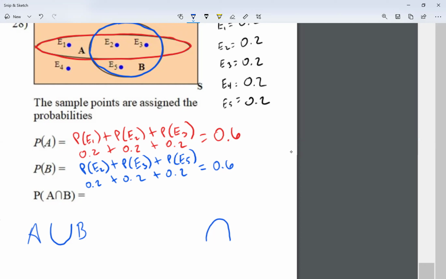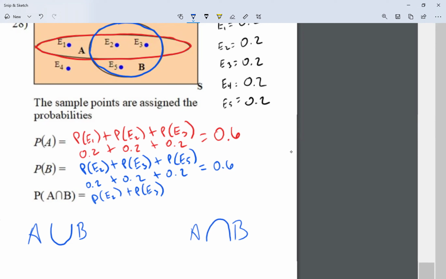Now, intersection. If I look at A intersection B, I'm looking at the points that are in A but are also in B. So this intersection, this U upside down, basically means I'm looking at the points that are inside of A but are also inside of B. So I'm looking at the points that are inside both. So here I'm looking at the probability of E2 plus the probability of E3.